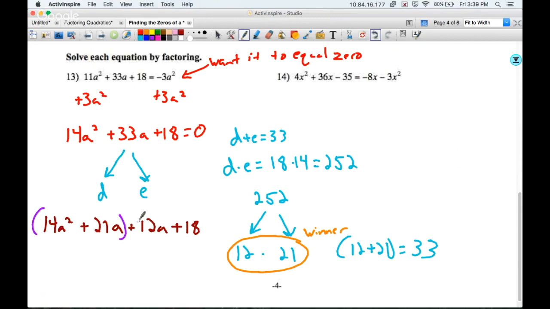All right, create my two groups, and then factor out the greatest common factor of each. The greatest common factor in this one is a 7a, leaving behind a 2a plus 3. And the greatest factor in this here is a 6, leaving behind a 2a plus 3 again. So it did work.